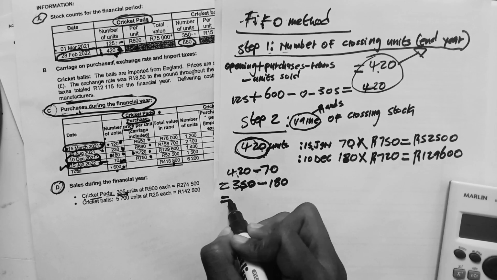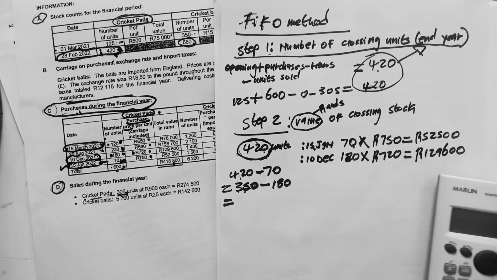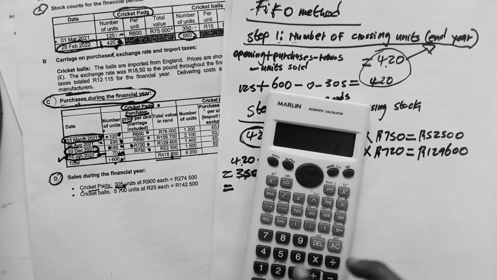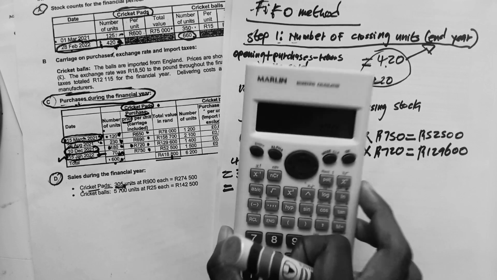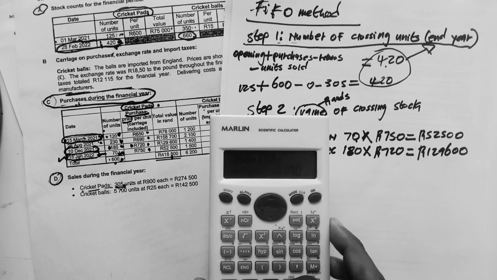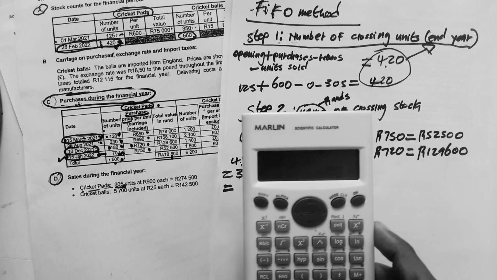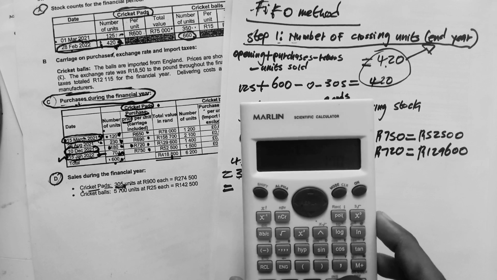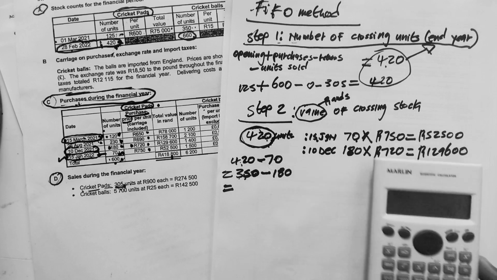How much are you left with now that you don't know? So you're going to say 350 on your calculator, minus 180. Then we get how much? We get an amount of 170. Just that it's not clear on my calculator. But 350 minus 180 gives us 170.